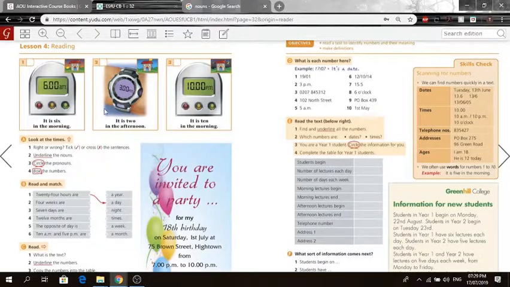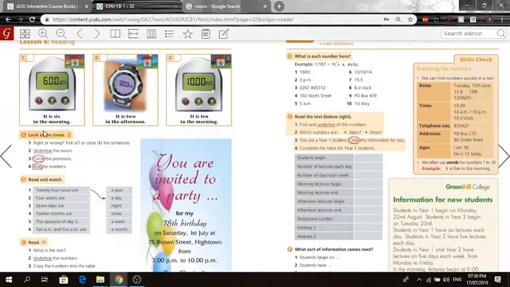With the pictures that we talked about, this is obviously correct because this is 6 a.m., so this will be true. 3 p.m. is also true, but this one's wrong because you can clearly see this is the nighttime picture, but it is 10 a.m. Or actually, no, that's not true. This is actually correct, but it is 10 in the morning, which is not true because it is not a.m., it is p.m., okay?